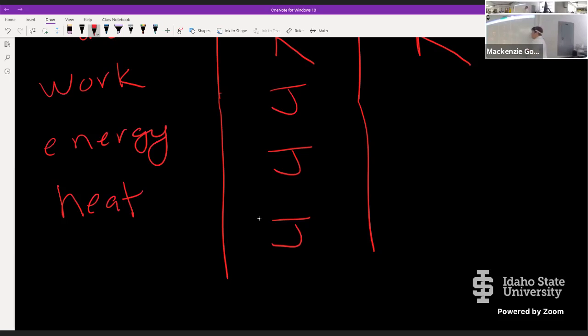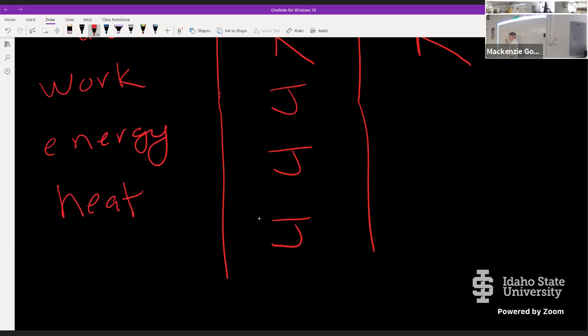We talked about in lecture how closely related work, energy, and heat are, right? And you guys did really well on this on the test. Energy is just our ability to do work. Heat is a type of energy, thermal energy. It has to do with the vibration in a material, at the atomic level. Work is energy in transit at the macro level.